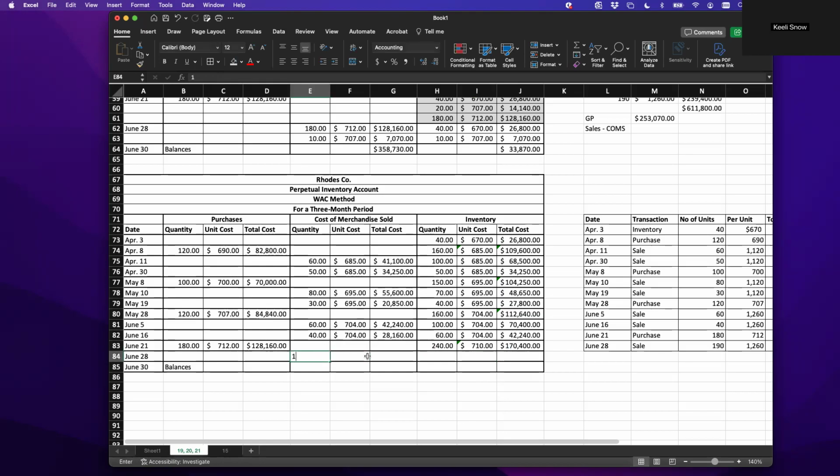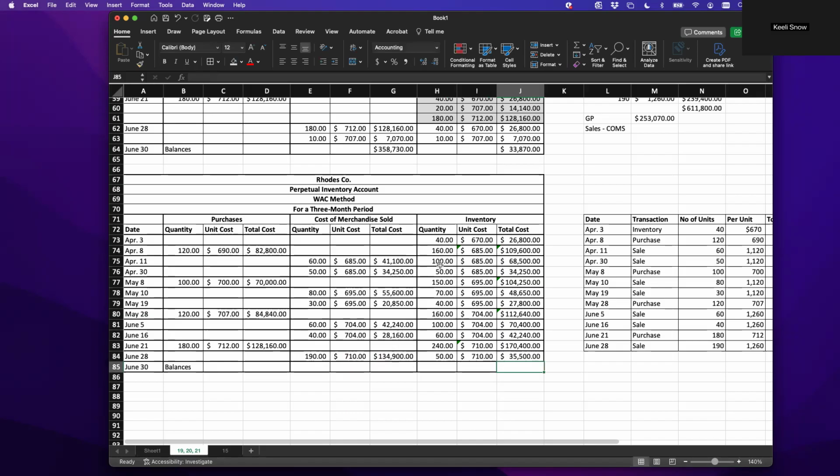And then we're going to sell 190 for 710. We had 240. We took away 90 of them for 710.